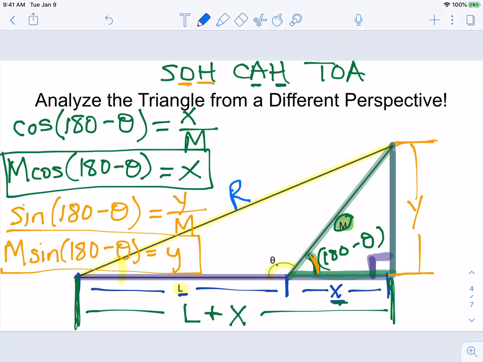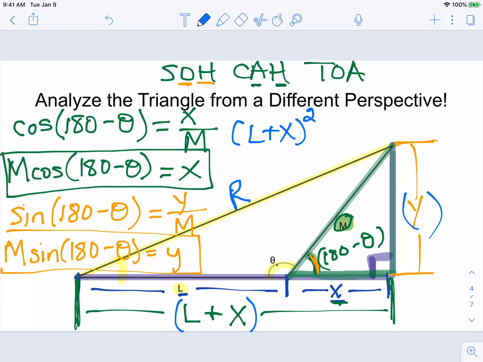So when I write Pythagorean theorem, instead of saying a squared plus b squared equals c squared, I'm going to use the variables that I have in this problem. Okay, so you can kind of see I'm putting them in parentheses. So I would have my a, I'm going to call (L plus x), and I'm going to square that whole thing.